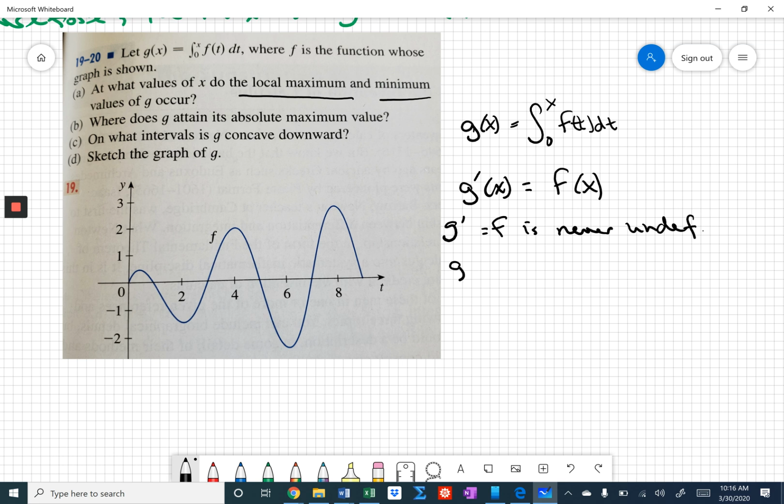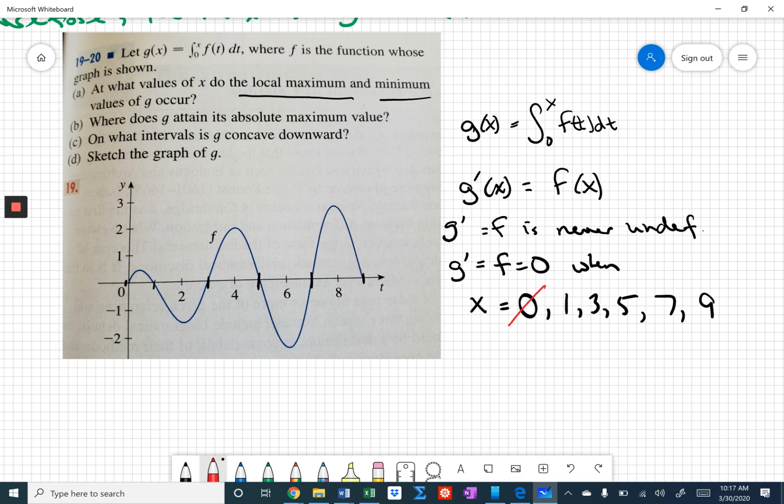Now we need to figure out where g prime, which is equal to f, is equal to 0, and that occurs when x is equal to 0, 1, 3, 5, 7, and 9. But now we're looking for where we can have local extrema. Remember, local extrema can't occur at the endpoints, so we can't use 0 and 9. We're going to eliminate those right away.